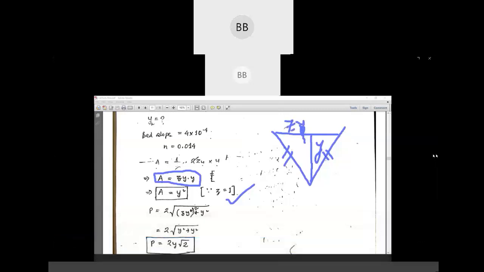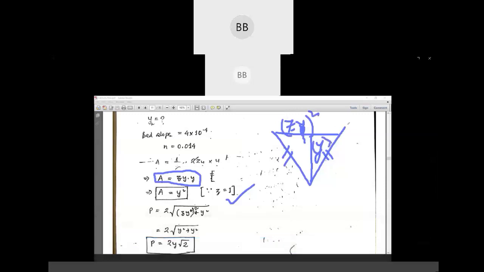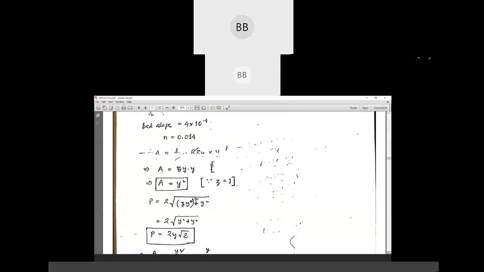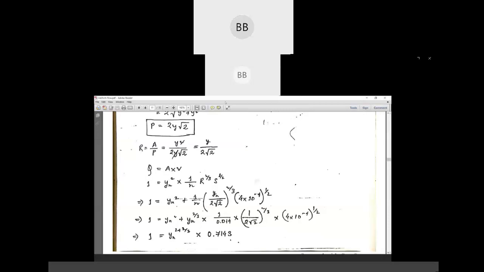If you do the Pythagoras theorem, root over zy whole square plus y square. And as we are considering the weighted perimeter, we multiply it by 2. Finally, you will get an expression like this: twice y root over 2.